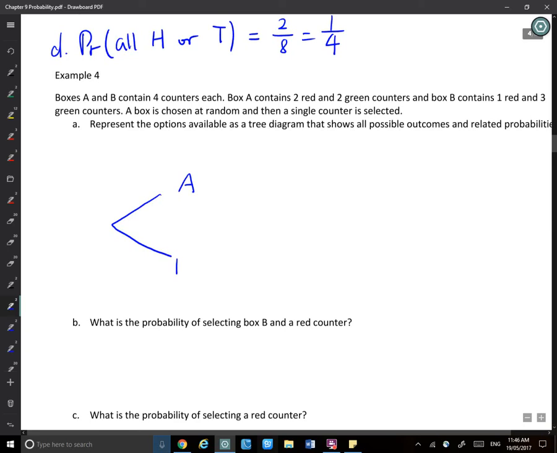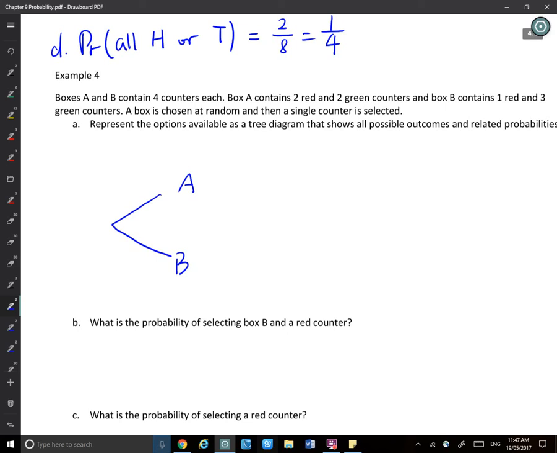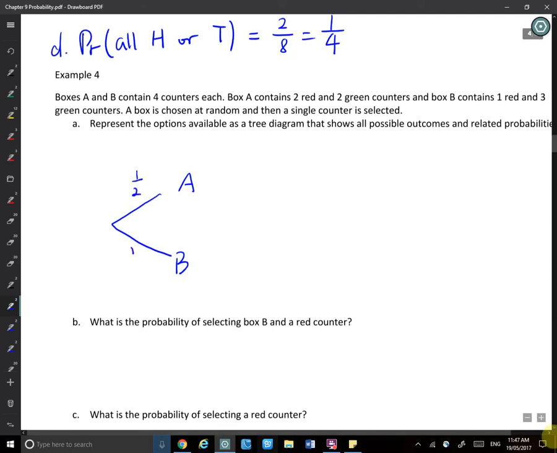What's the probability I get box A or box B? There are 2 boxes, so the probability is a half. If you already selected box A, you can select a red counter or a green counter.